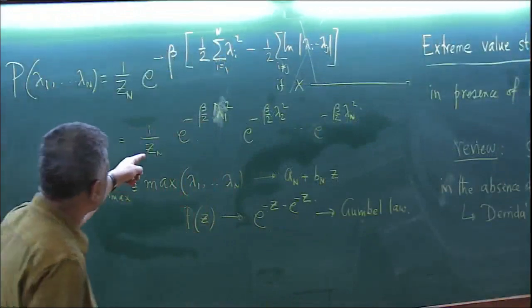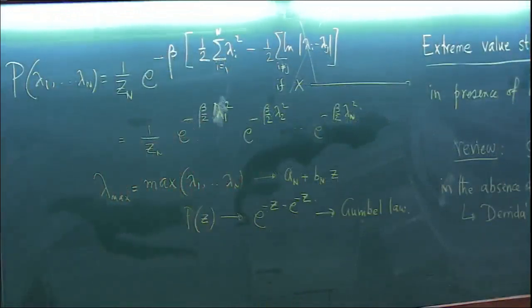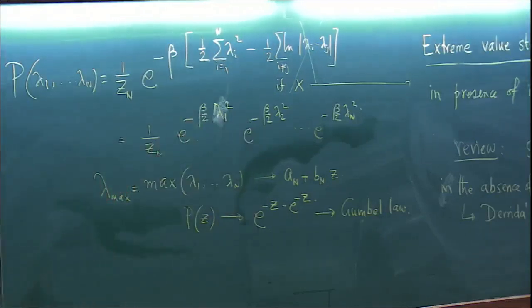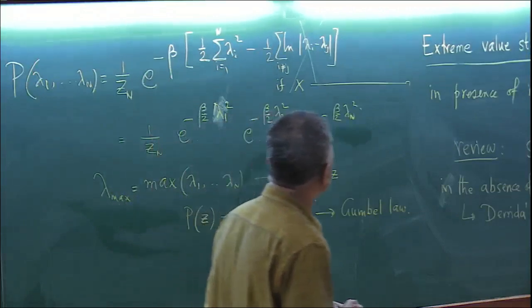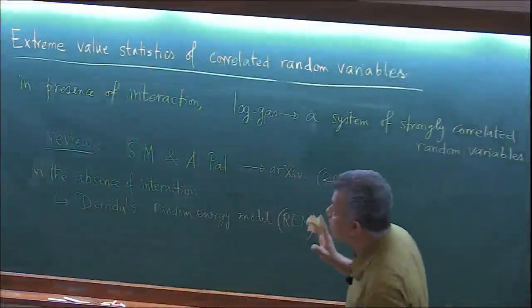So this partition function here would be exactly the partition function of the random energy model. And the random energy model has been studied quite a lot. Derrida originally computed the distribution of lambda min for this, but he didn't know at that time the statistics of extremes, so he did it in a different way, using replicas and so on. But basically when there is no interaction, it's essentially an easy problem, okay?